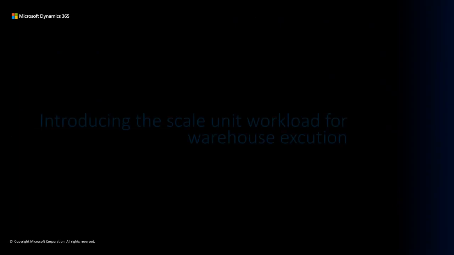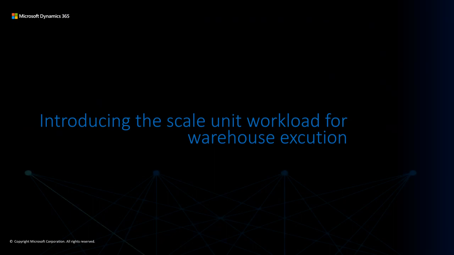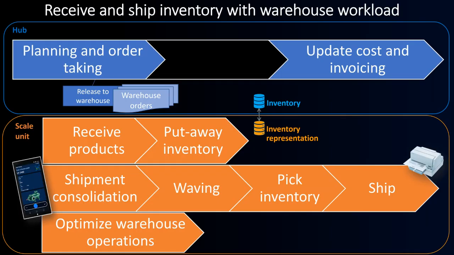All right, so that covers what was available for manufacturing execution scenarios. Next, we're going to cover what's available with the warehousing executions. So just like manufacturing, planning and order taking is performed on the hubs.